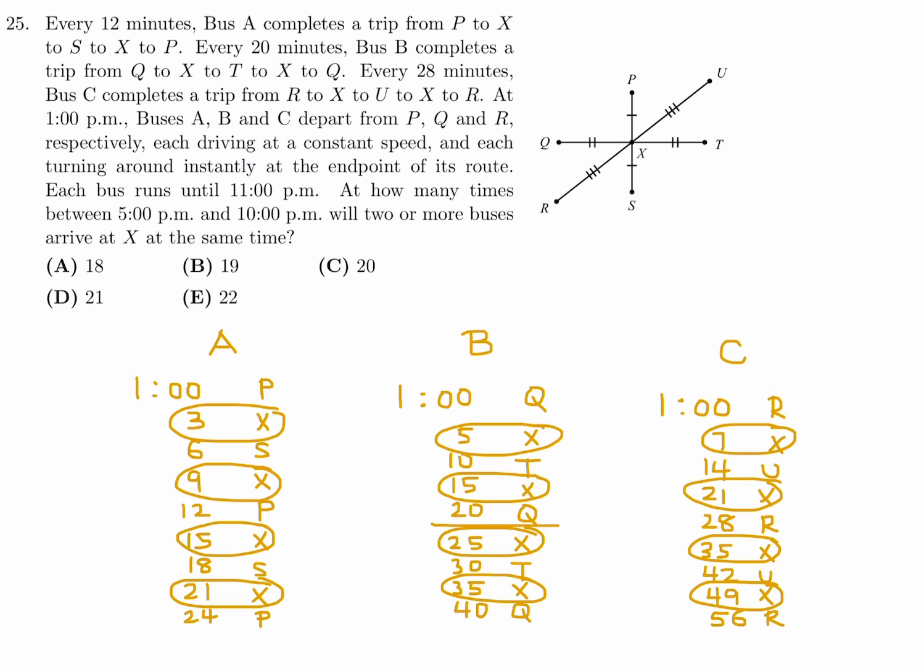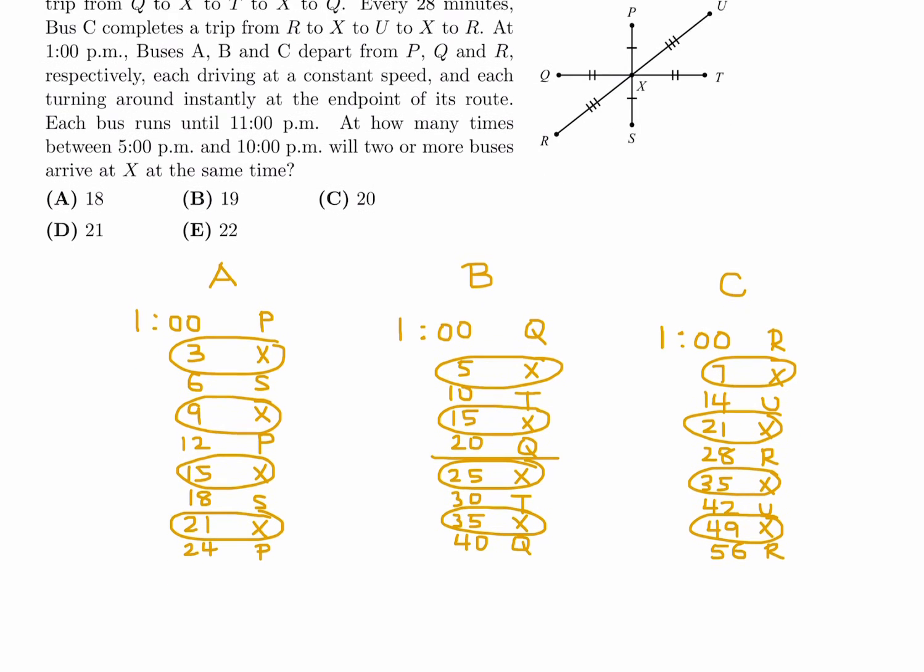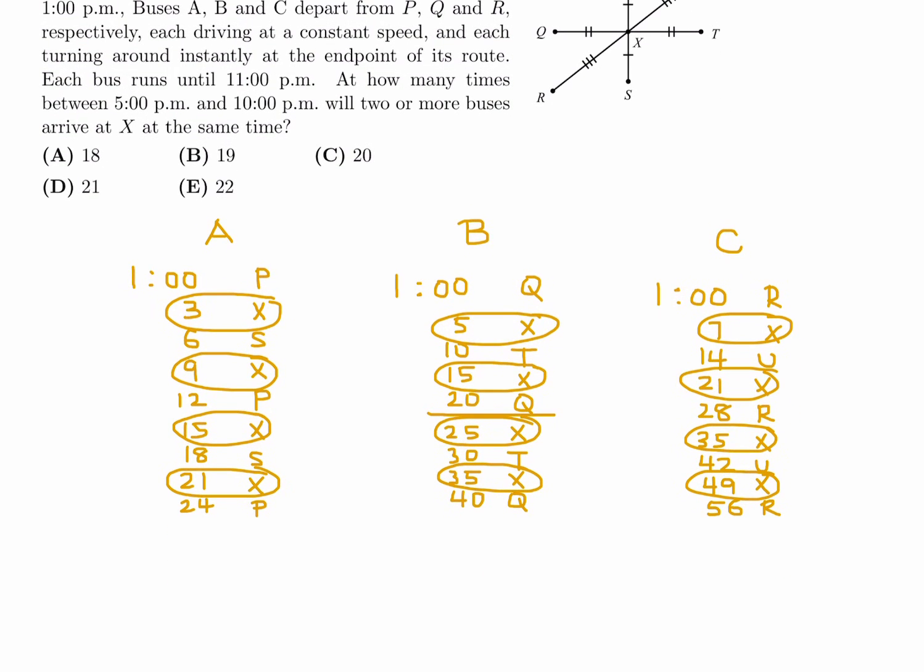Now, it starts at 1, and then we want between 5 and 10. So just be careful here. It starts at 1 p.m., and I'm going to convert everything to minutes to make it easier. 5 p.m. is 4 hours later. So write that here. 5 p.m. is 4 hours later. So 4 times 60 is 240 minutes. So this is where it begins in terms of where we want to look at when they meet.